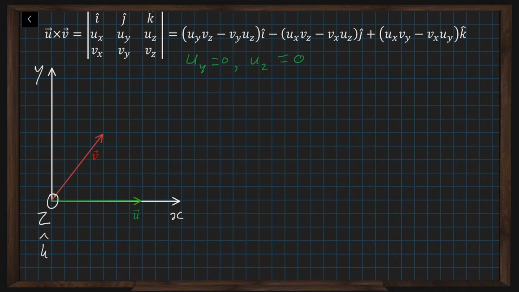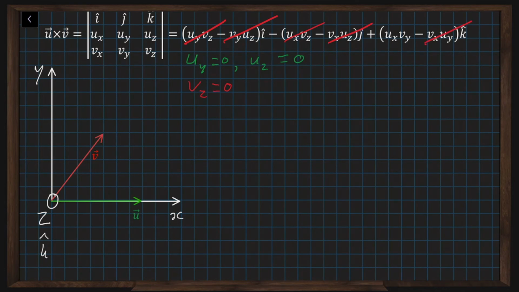Now we've got the other vector v, and the x and y components have some finite value, but we'll set vz equal to 0 as well. The reason why we're doing this is that this allows us to cancel anything out in this big scary line, anything which has a uy or a uz or a vz. So that is that, and that.